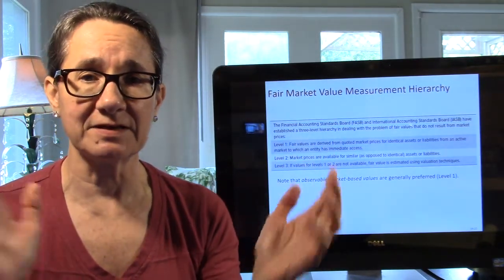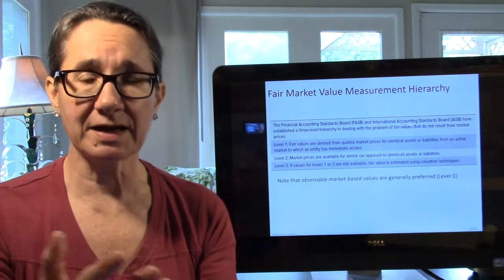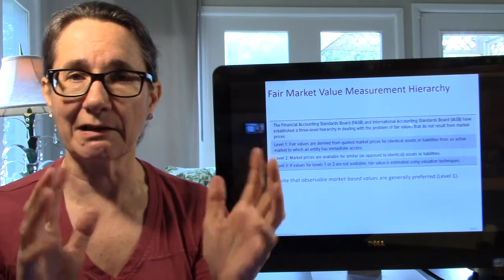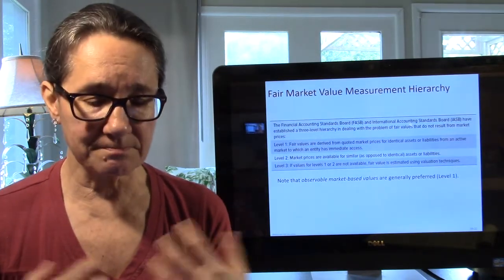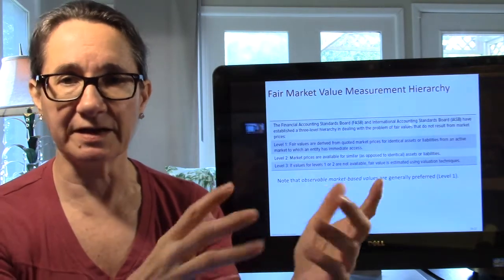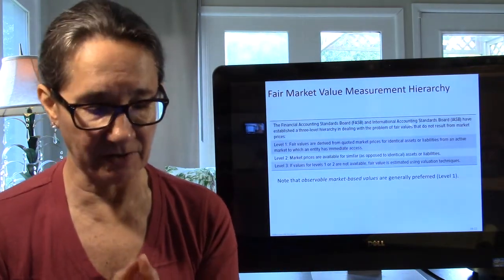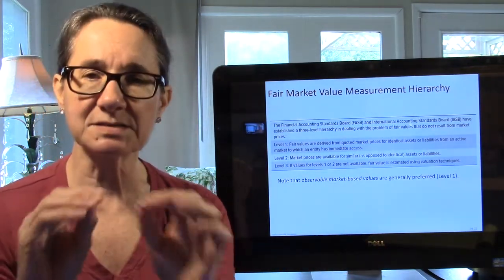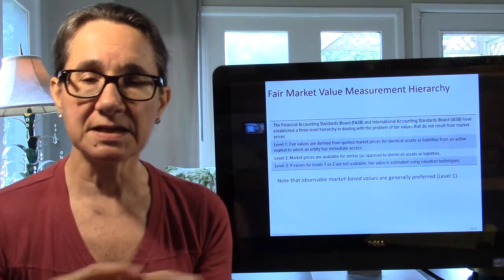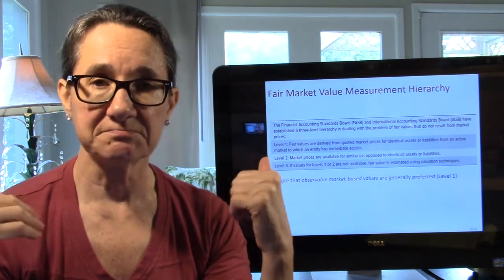Hey, we need to invest in something. We've got to keep our cash liquid. We'll just invest in some stocks. And they bought some stock in Apple or something. Well, there's a fair market value for Apple stock, right? Anybody of us can get on the internet and look up the value of Apple stock right now. So that's the most preferred. So level 1, something you can look up its value, right? Things that trade on an exchange.